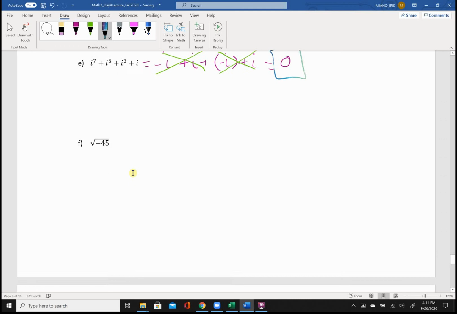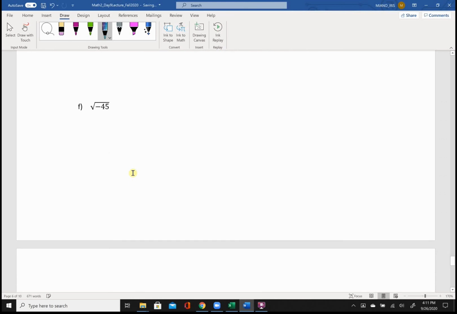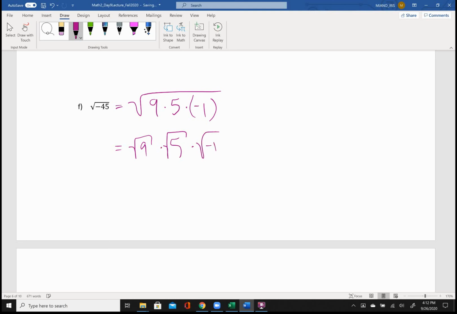And then lastly here, we need to remember our rules associated with radicals in order to simplify just the 45 part, but then also recognize that there is a factor of negative 1 in there. So it might behoove us to separate out the perfect square factor of 9 that we see, 5, and negative 1. So just give those their own little space in here. And then recognize that the radical of a product is the product of individual radicals, right?